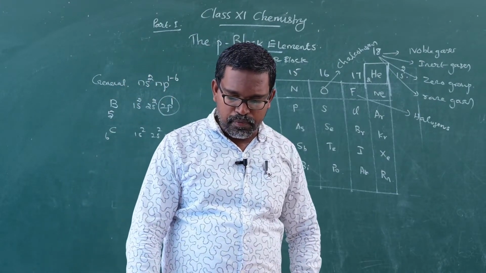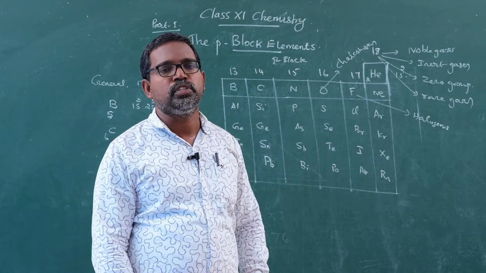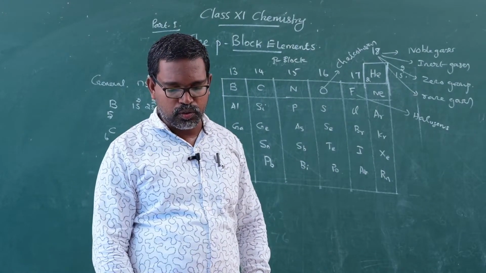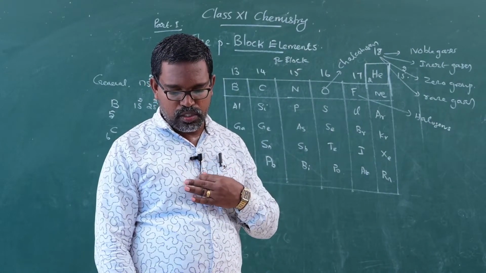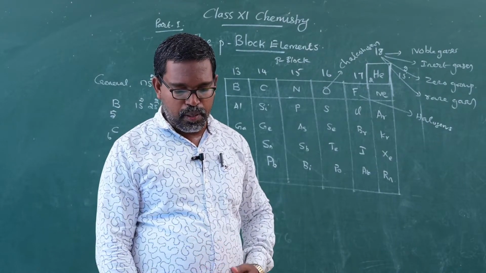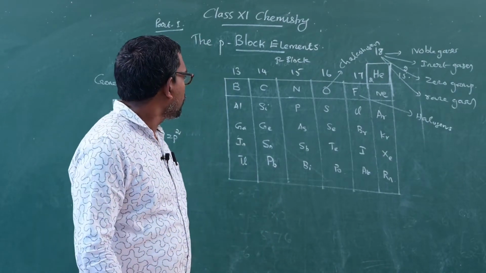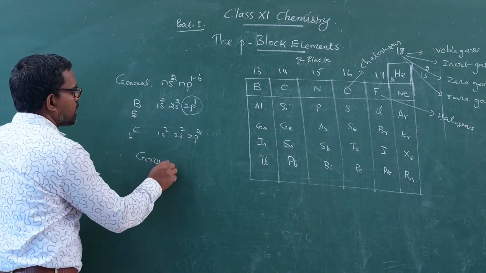The maximum oxidation state exhibited is numerically equal to the total number of valence electrons, that is the sum of s and p electrons, or simply group number minus 10.